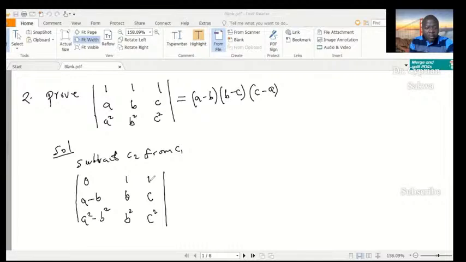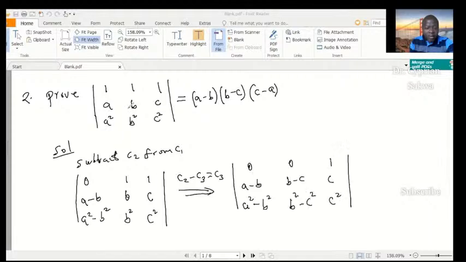So what has helped me is what I want to show. What I want to show has really guided me in what I should subtract from what. Because when I discovered that I had A minus B, I thought of how do I get A minus B from this, and discovered that it is column 2 from column 1. Subtracting column 2 from column 1, I have A minus B. That's what you see here.